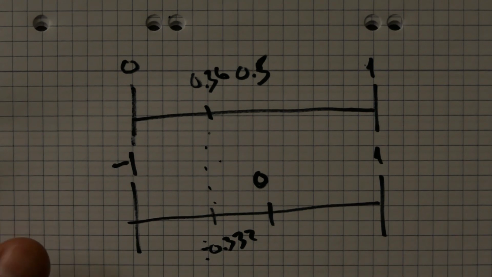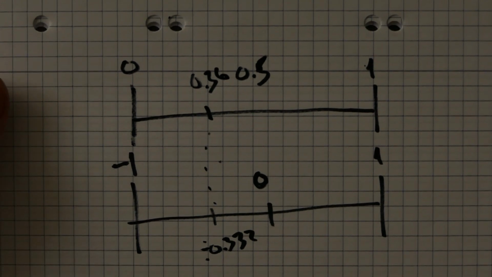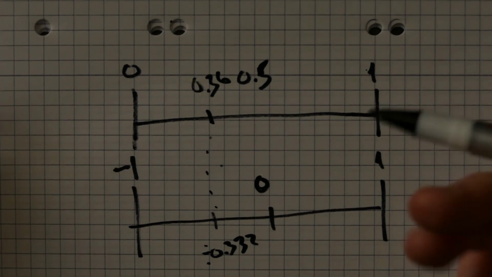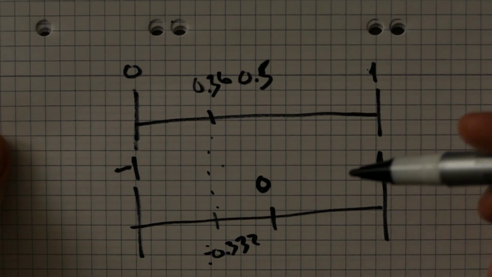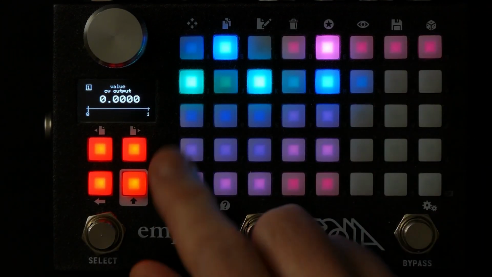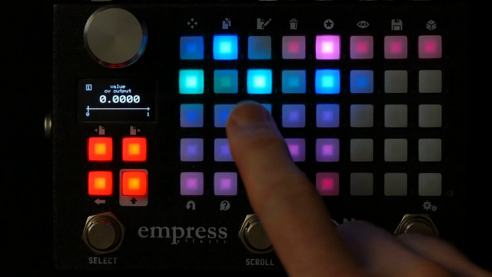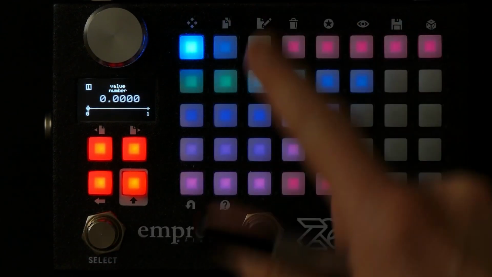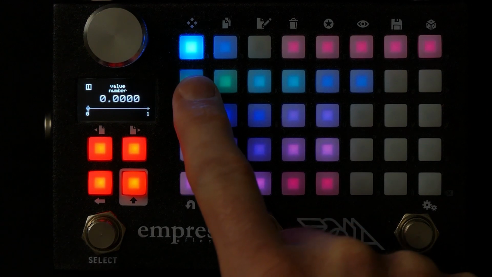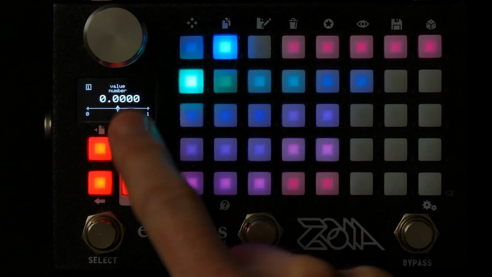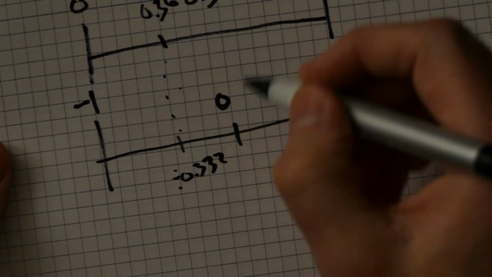So what I've done here is I've taken the initial value of 0 to 1 and I'm converting it to a bipolar value. The first value module here isn't really necessary, but I'm doing that for clarity. When the value here is 0, I want that to have a value of 0. And this is a bipolar module, which means that I have to have an offset of 0.5 on it.